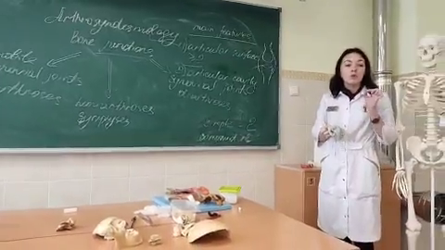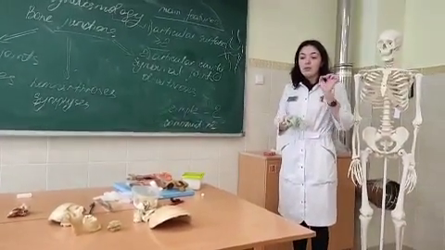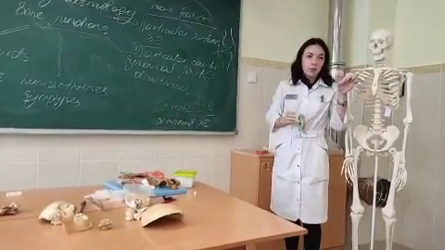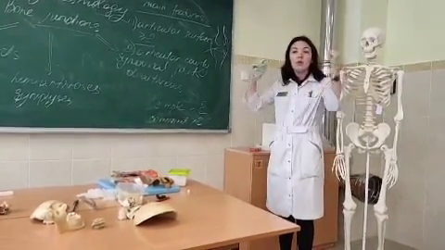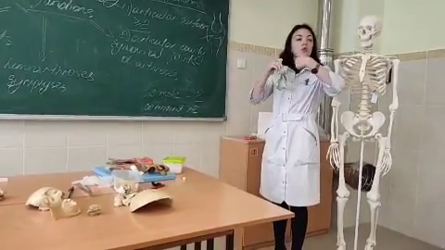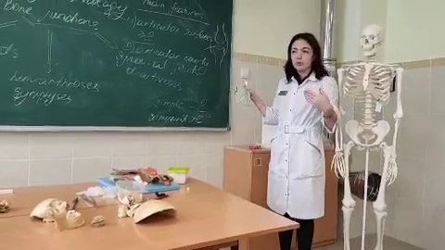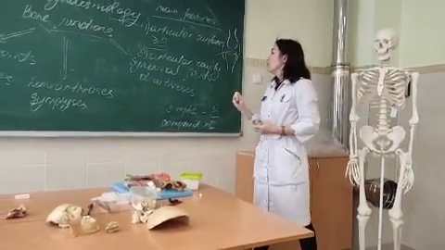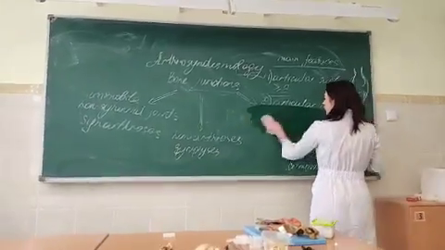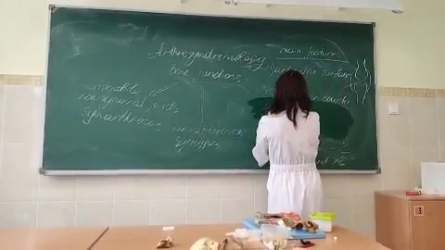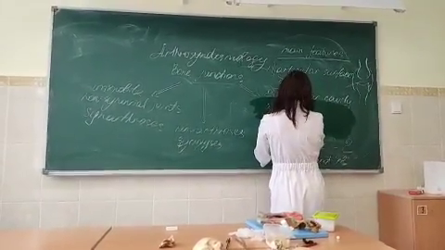The presence of the articular cavity makes a joint mobile. Because if the bones would fuse with each other without any cavity, certainly movement would be impossible. Yes, it's obvious.